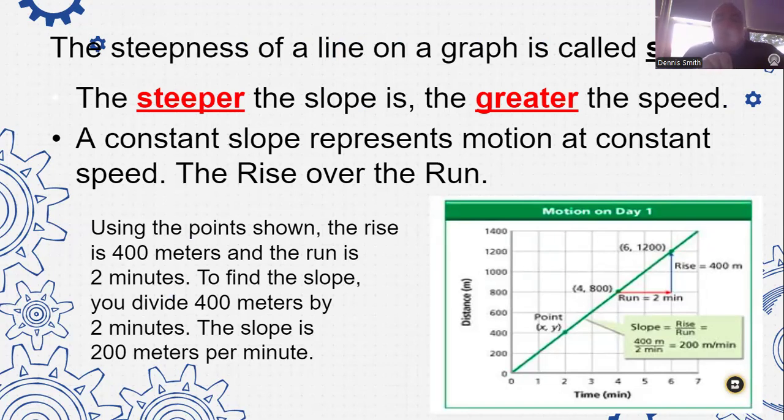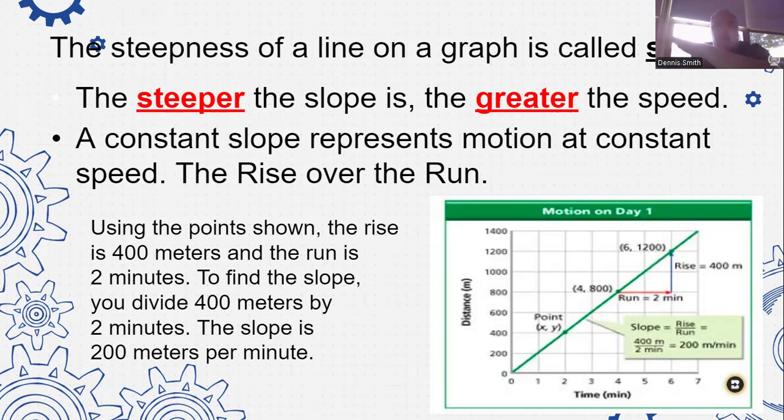What you need to keep in mind is the steeper the slope, the greater the speed. This is very steep because it's almost vertical, right? It's almost like free fall at Six Flags, very almost straight up and down. So this would be very steep. This would not be as steep, so the speed's not going to be as high with this.